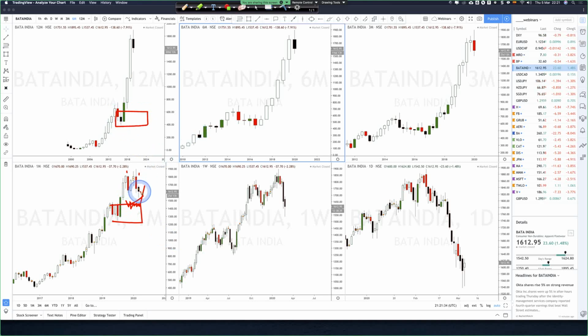Will it retrace on the first retest or the second retest? Will it take 2 retests or 3 to break that area? I don't know, but it's going to break it for sure, and it's going to react from there.